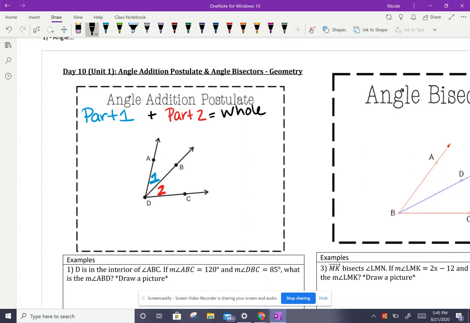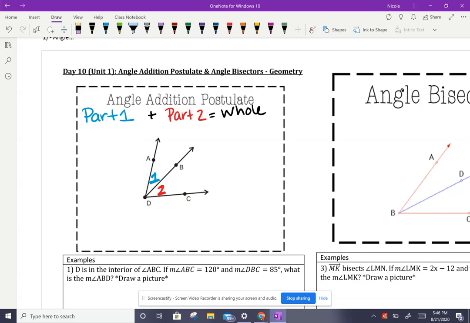When we talk about angles, there are different types of notation that we use. When we're naming angles, we just use the angle symbol and either the number or the letters for it. So that's when I'm talking about angle 1 or angle 2. When I am talking about the amount of an angle, the measure of the angle, I add an M in front.